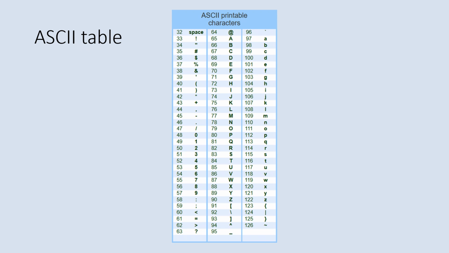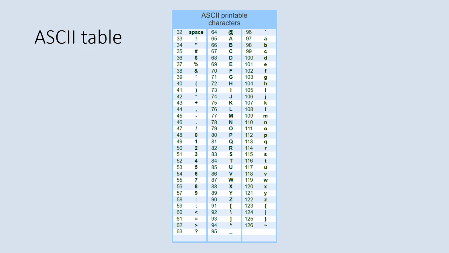The numbers are in there, and so on. Starting at 65 are the capital letters. They go up to 90. And then there are some other printable symbols, and the lowercase letters start at 97 and go to 122.